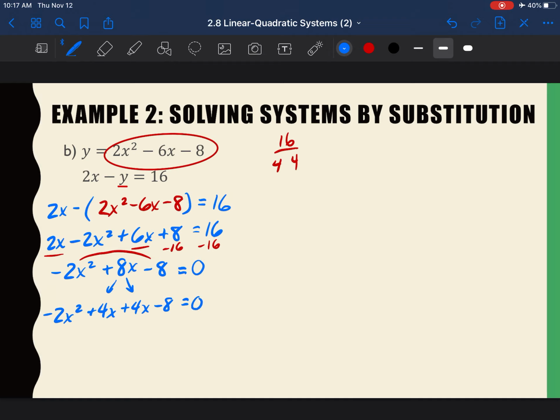Then you can factor out a negative 2x, divide, and you get x minus 2. On the second set of parentheses, you can factor out a 4, divide, and you get x minus 2. So it looks like I should have factored out a 2, or divided everything by 2, in the beginning.